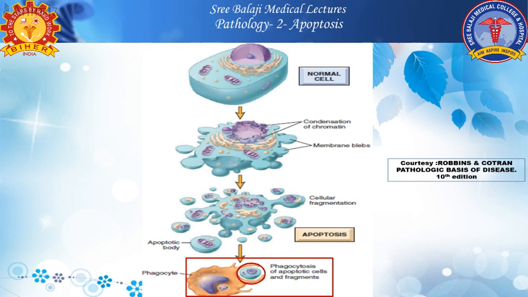So chromatin condensation and membrane blobs occur, and at the same time the cell shrinks. Then comes cellular fragmentation, these blobs fall away, and the adjacent cells phagocytose them. So there is no chance of eliciting any inflammation. As soon as the blob comes, the adjacent cell will phagocytose it.